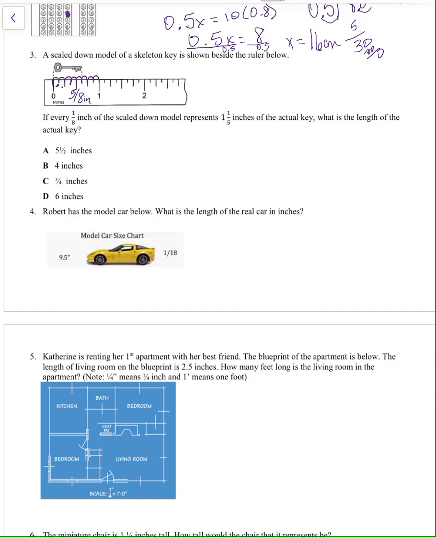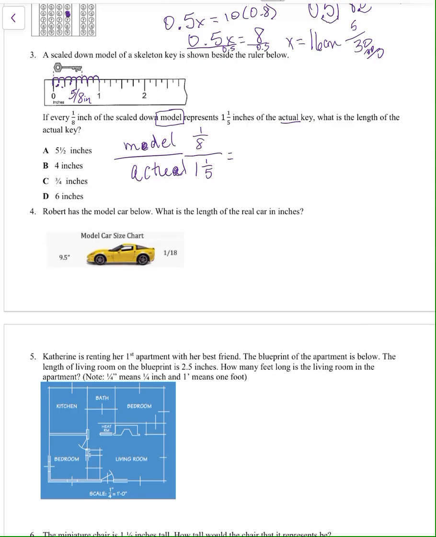So instead, we're going to use the model to the actual, so that we can know what number's talking about what. So 1/8 inch on the model represents 1 1/5 inches on the actual key.